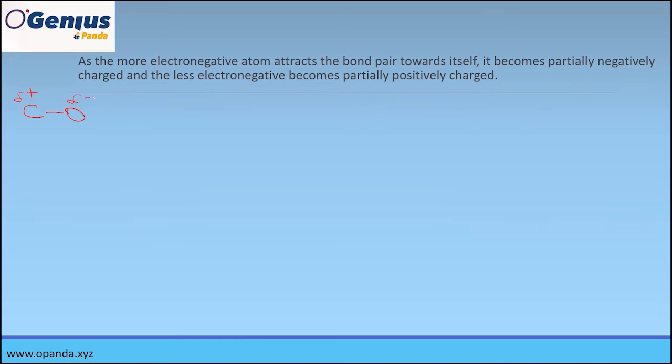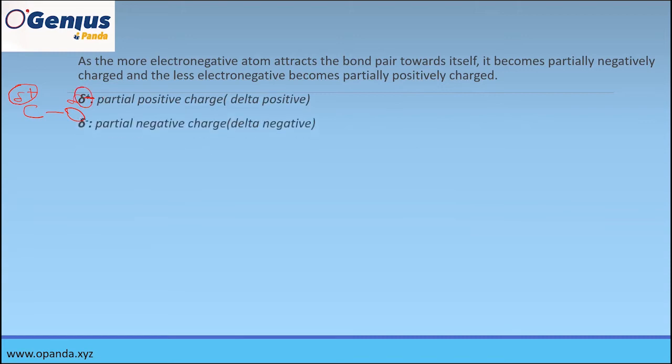And this one is about to gain, but it has not gained, because there is no metal here which can lose. Both are non-metals, so they should share, but they are sharing unequally. So they take partial charges, showing that they are about to gain or lose. We have delta positive here, and delta negative for the partial negative charge.